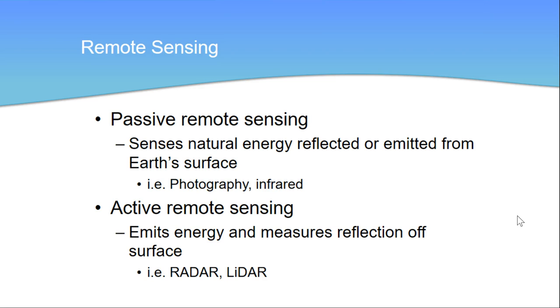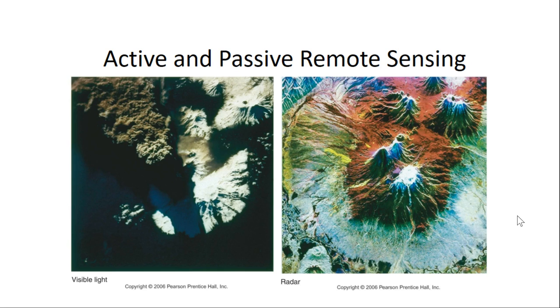We can also do some different kind of stuff, right? We can bounce energy off the surface and measure the reflection. And this is active remote sensing. This is going to be your radar, LiDAR. Okay, this is how we do this kind of stuff, right? So here's just a regular photograph of this beautiful volcano. Okay, this is passive, right? We're getting the light reflected off of it.